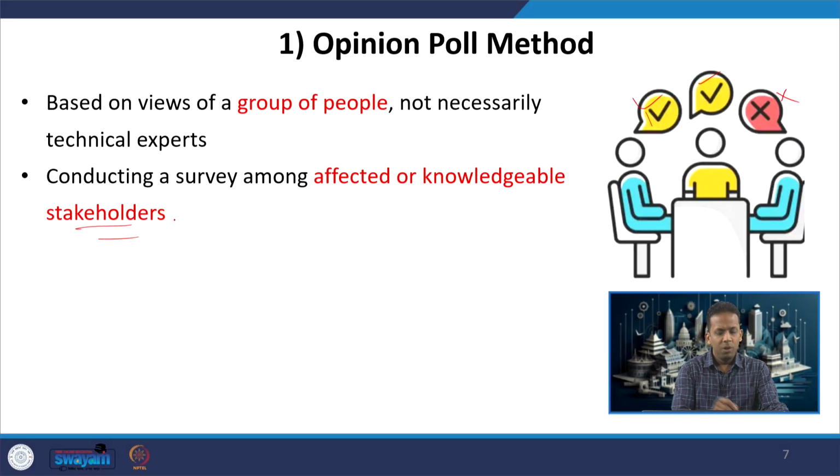And so, they have to be stakeholders, because it does not make any sense to go and ask the opinion of those people who are not at all related or concerned with a particular activity. So, it has to be through the stakeholders, and those stakeholders need not be technical experts all the time.